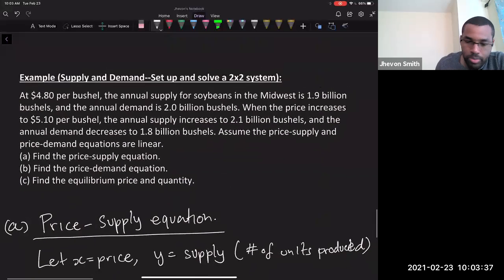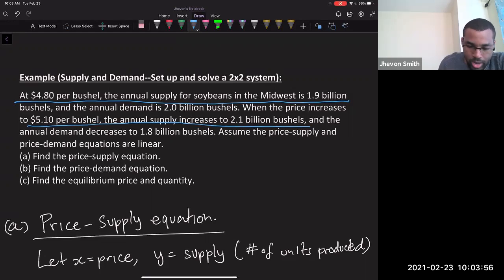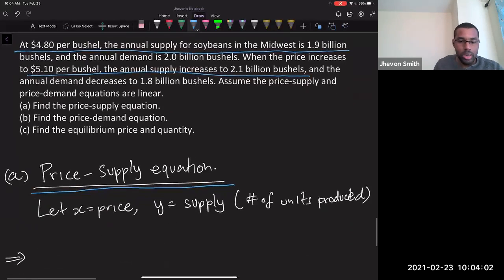So let's go back here, and we realize that at 480 per bushel, the supply is 1.9 billion. At 510, the supply is 2.1 billion. So it turns out that for the supply equation, which is this blue equation that I'm going to be drawing here, those are the numbers. We have two coordinates on this.